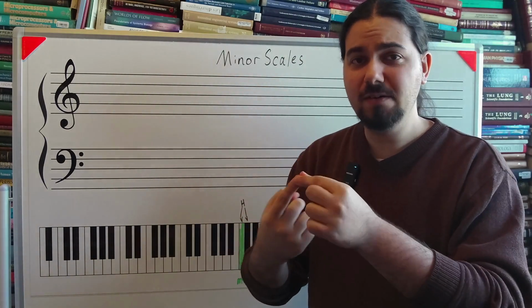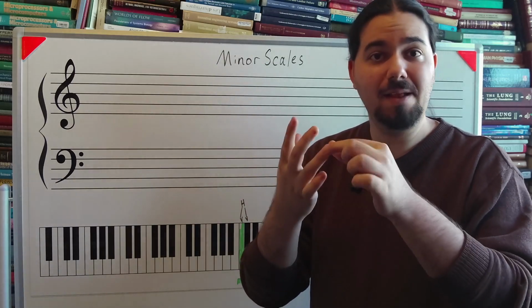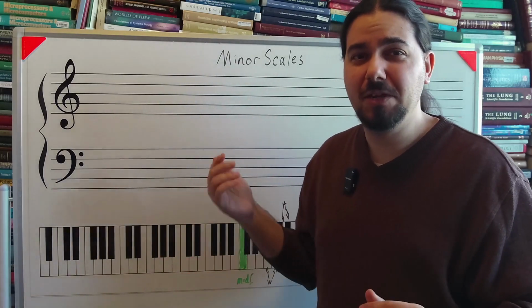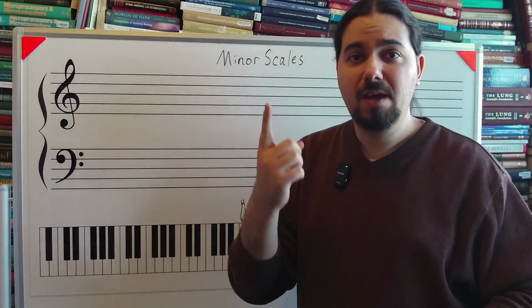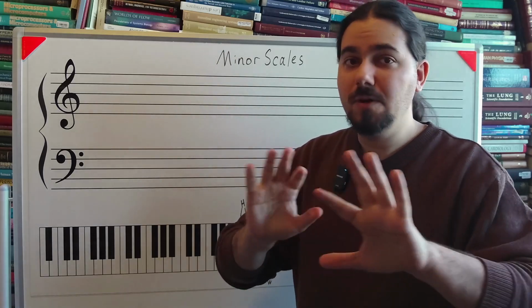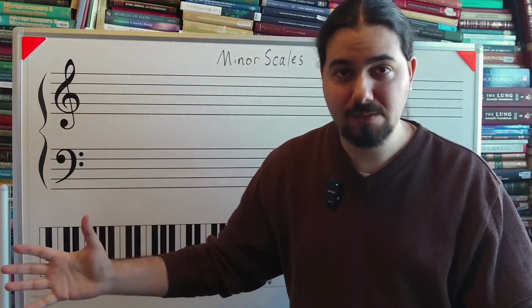There's natural minor, harmonic minor, and melodic minor. Harmonic and melodic each have their own series of accidentals that you need to add on to them. So we're going to save those for a separate week. For this part, we're just going to deal with natural minor, meaning no extra sharps or flats added. It's just going to be whatever is in our key signature.